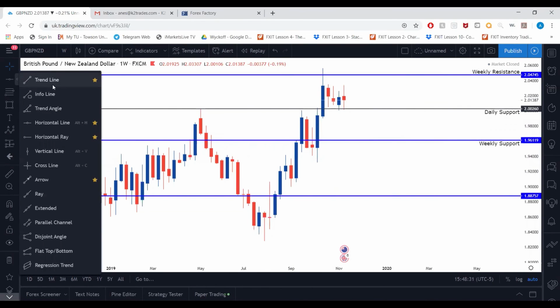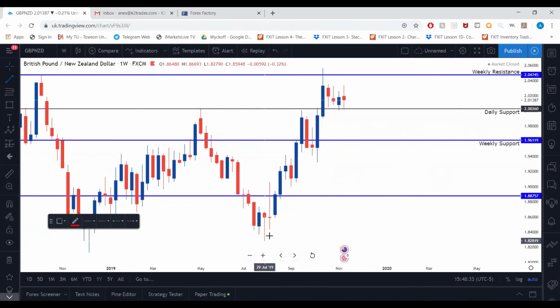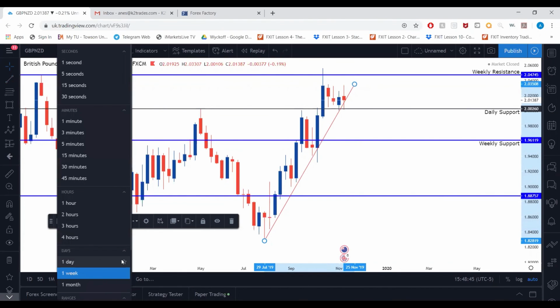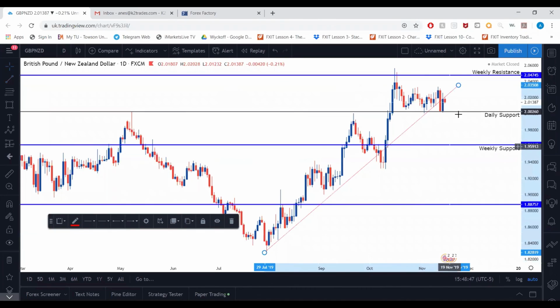Weekly has actually formed this trend with those pushes. Let's see if it's better on the daily. Yeah, I like this better.